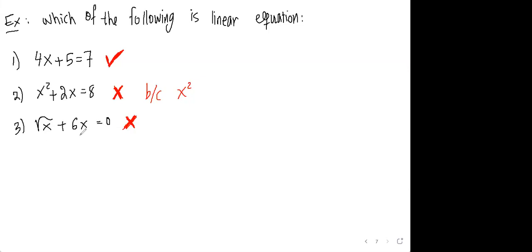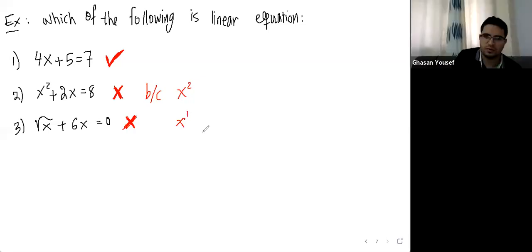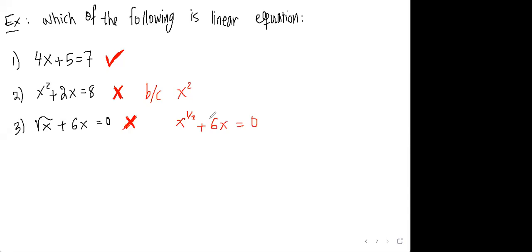If I rewrite this equation, I will write it exactly as x raised to the power 1 over 2 plus 6x equals 0. So this variable is raised to the power 1 over 2, and this is not correct. A linear equation must have all the variables raised to the power 1 only. So this is not a linear equation.